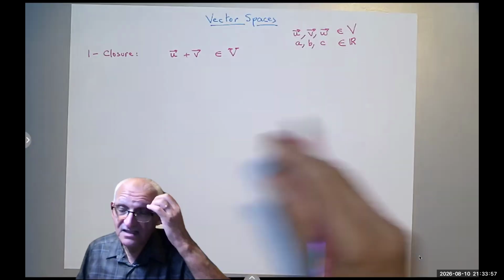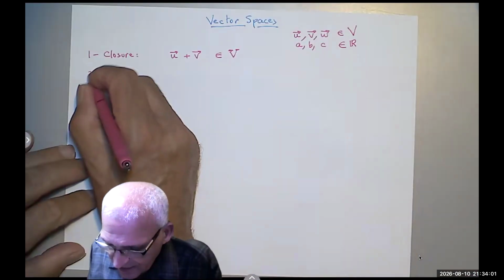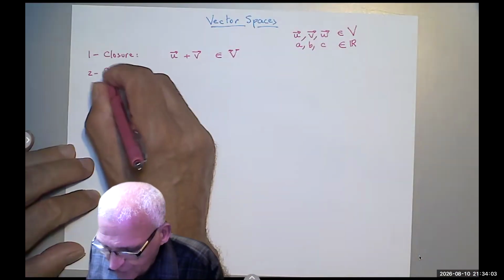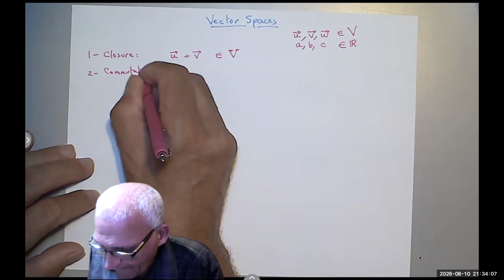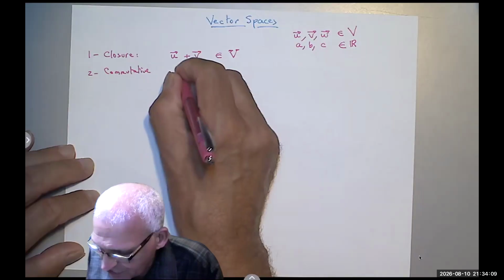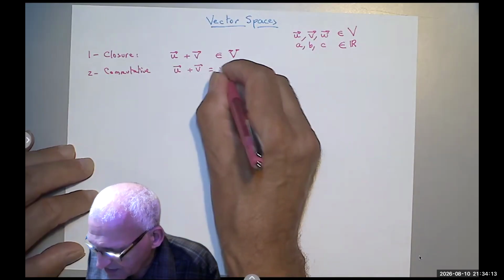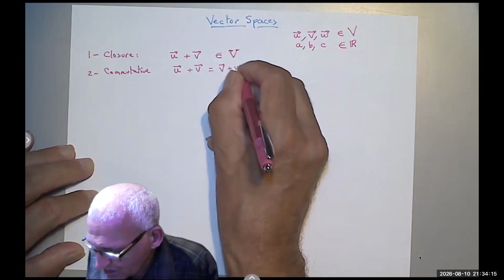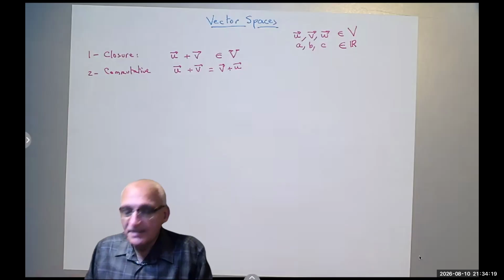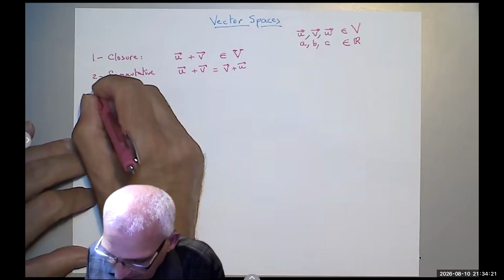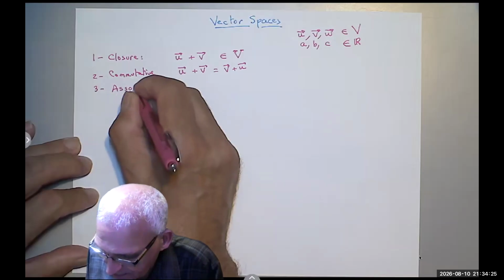And then very similar, they have to be commutative, meaning if I say u plus v, it's the same as I say v plus u. Okay? They also have to be associative.